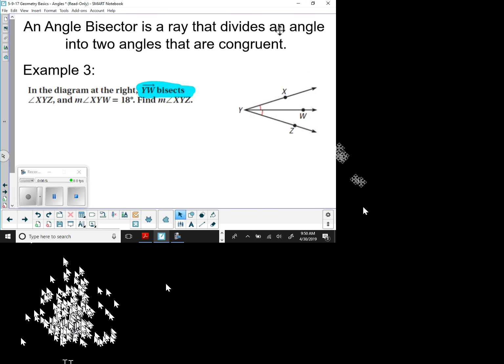Well, if YW bisects that angle, that means the other side is exactly the same. So that's 18. This is also 18. Find XYZ. XYZ is the whole thing. So all you have to do is add 18 plus 18, and you get 36. So the measure of angle XYZ is 36 degrees.